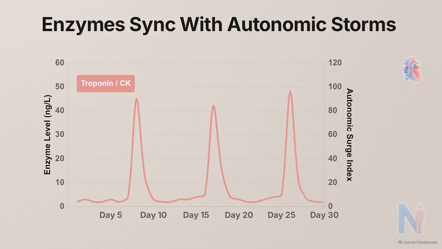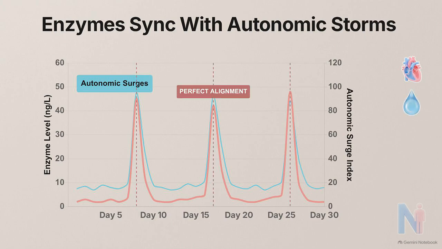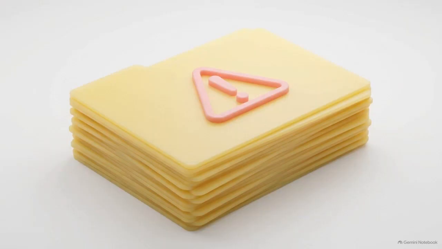Alongside those ECG patterns, we see documented transient elevations in high-sensitivity troponin and creatine kinase that perfectly align with marked periods of autonomic storming. In general cardiology settings, these specific findings have historically been dismissed as mechanical artifacts or background lead noise.